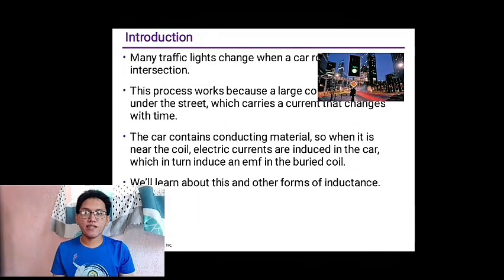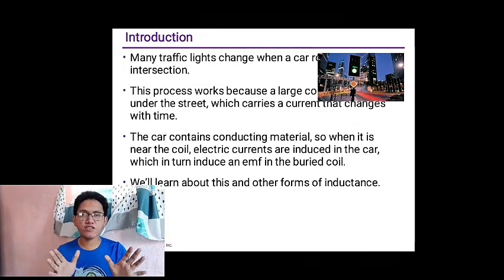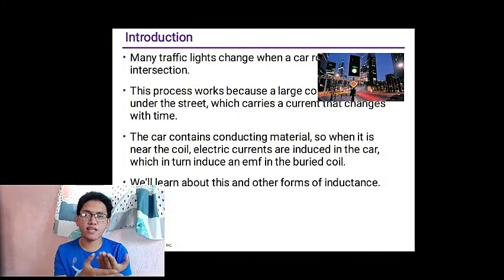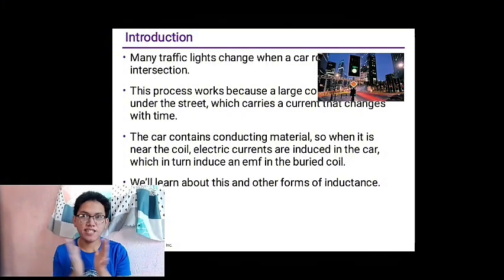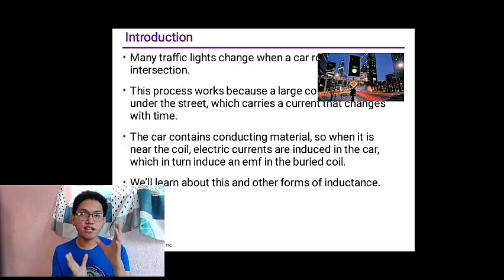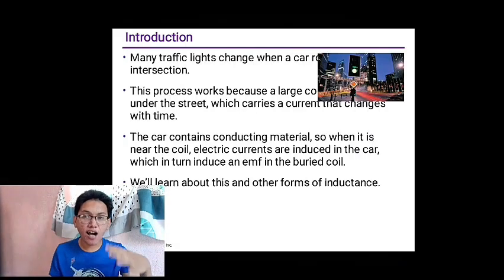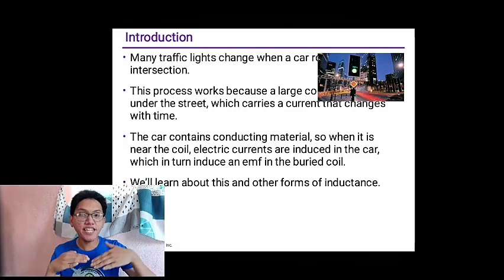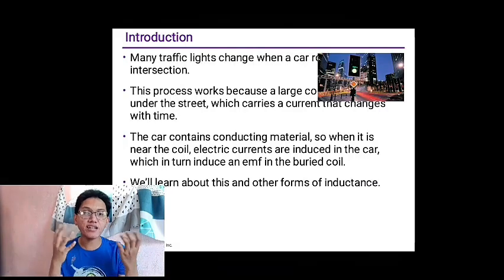To introduce inductance, consider traffic lights that change automatically when a car approaches an intersection. That is a good example or introduction of this topic. Under the road, there is a large coil of wire that carries a current which changes with time. When a car, which contains conducting metals, moves near the coil, electric currents are induced in the car.